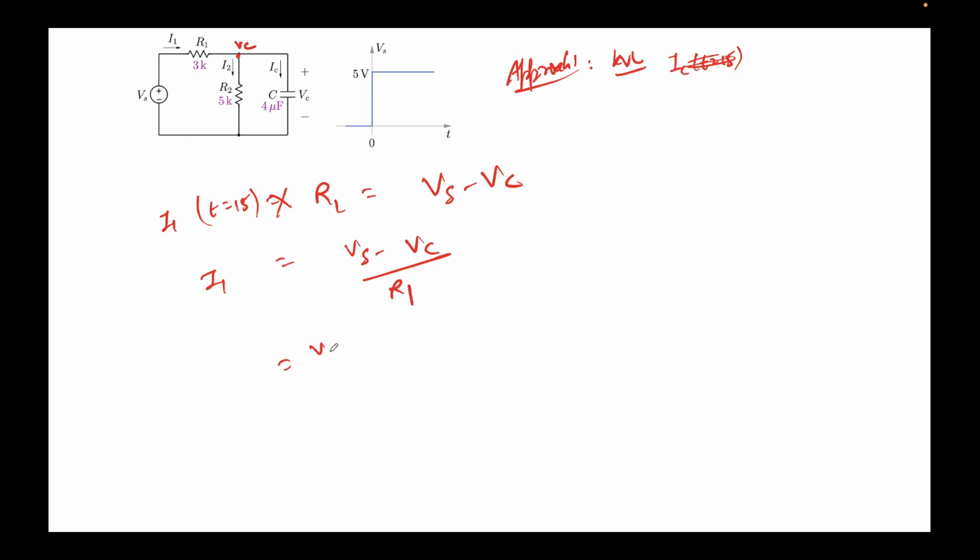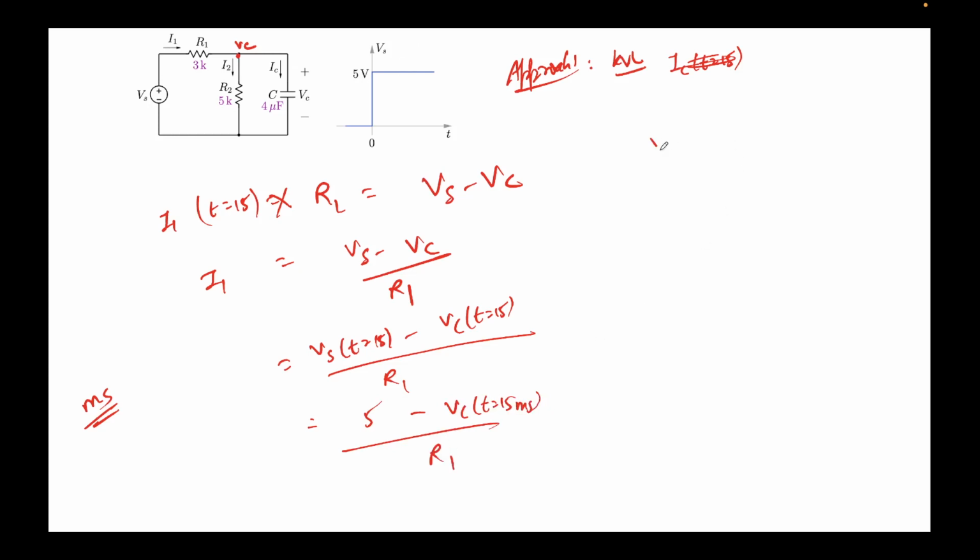Vs I know at t equal to 15 milliseconds, and Vc I need to calculate at t equal to 15 milliseconds, over R1. So Vs at t equal to 15, we know it's 5 volts. You can see it over here. Minus, we just need to find Vc at t equal to 15 milliseconds and divide by R1. So how do we find Vc at t equal to 15? We know 25 by 8 times 1 minus e to the power minus t by tau. So this will be 25 by 8 e to the power minus 2.